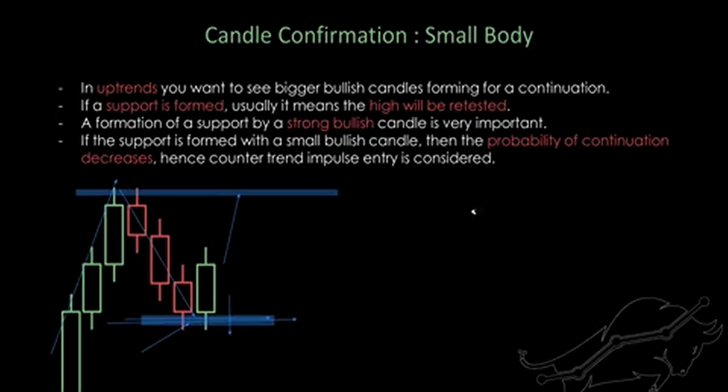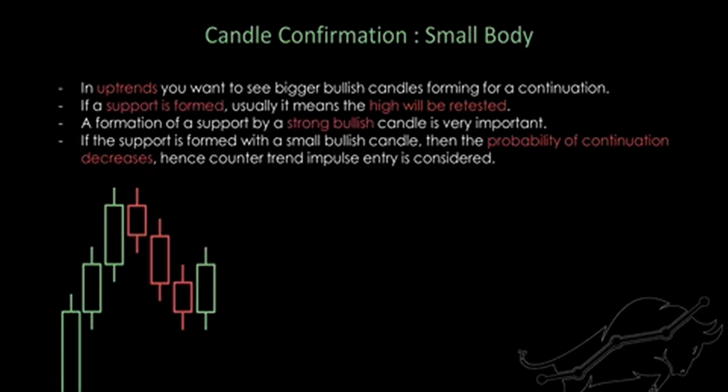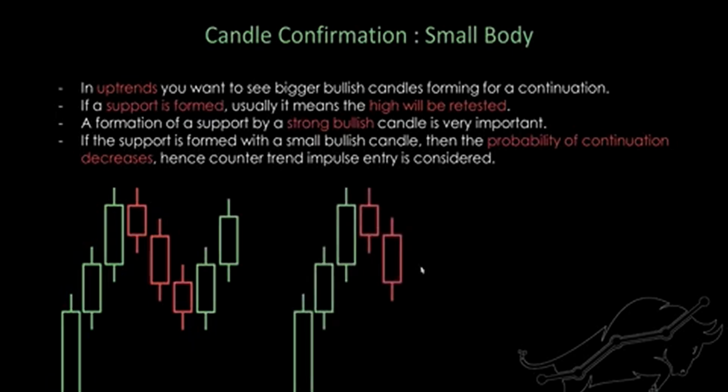So let's talk about small bodies here, right? Ideally, this is what we want to see when we want price to continue moving bullish. But let's say that you have some sort of retracement, right? Candle closes bearish, and then you have a small body candle closing like this.